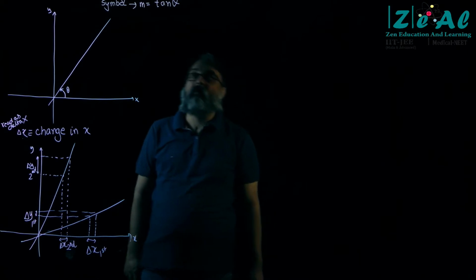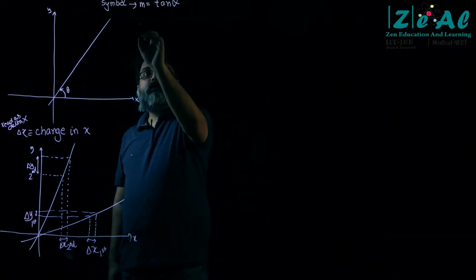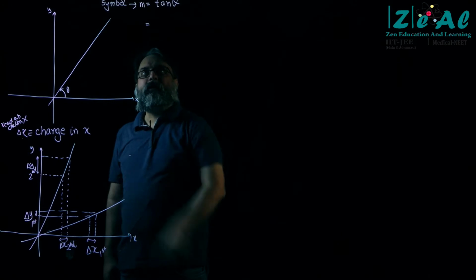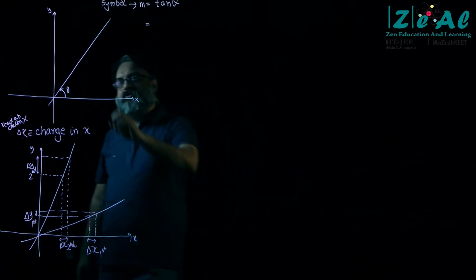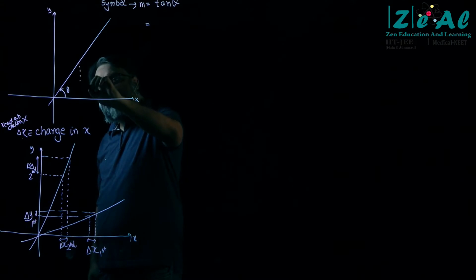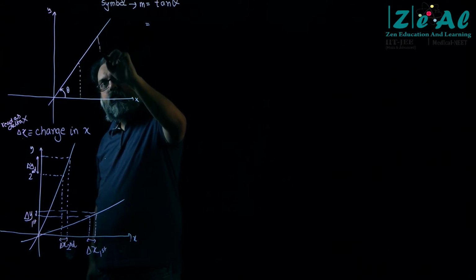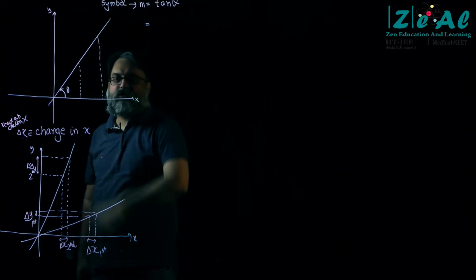I wrote it a little higher, I'm sorry. So this tan theta is nothing but the tan of this angle, and we can actually work out the tan of this angle given the coordinates of 2 points on this straight line.